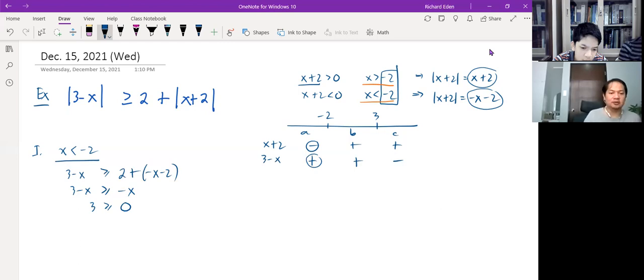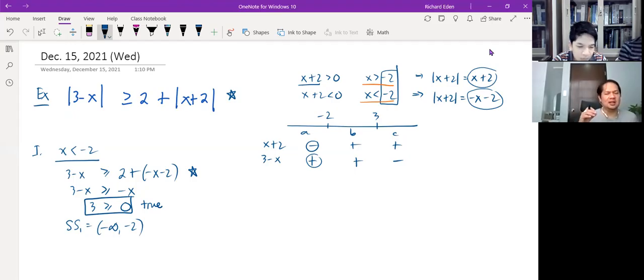So for our first solution set, it would be negative infinity onwards to negative 2. Okay, the fact that we ended up with a true statement means that the inequality star would always be true anyway, because its being true is tied up with whether 3 greater than or equal to 0 is true or false.